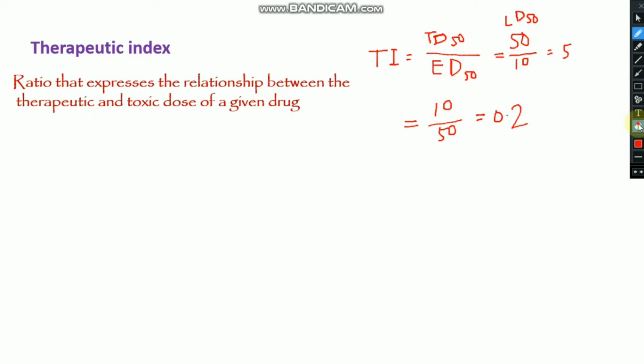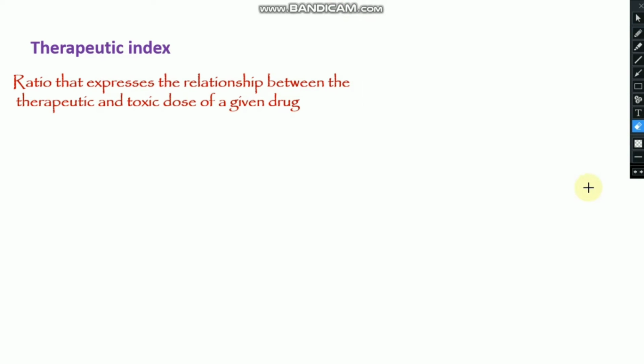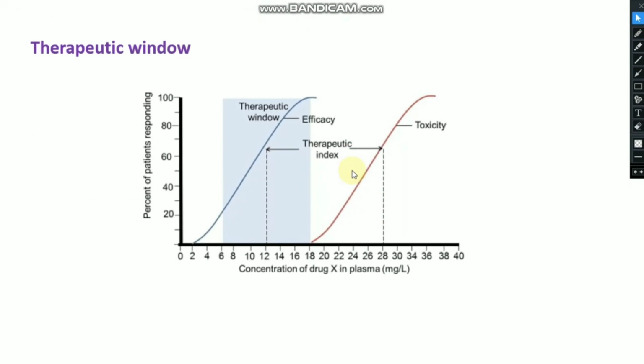Alright, so next I'm going to talk about the therapeutic window. The therapeutic window comes from the dose response curve. Both the ED50 and LD50 are calculated from the dose response curve. In this graph, this axis is the percent of patients responding, and here is the concentration of the drug.